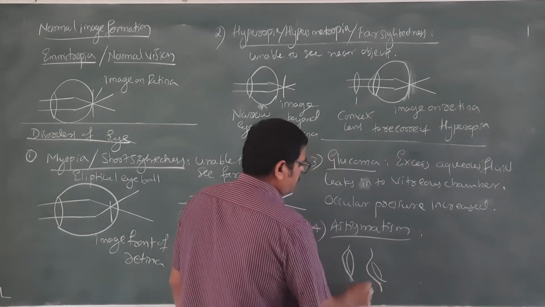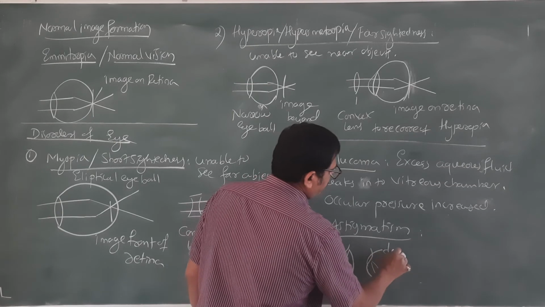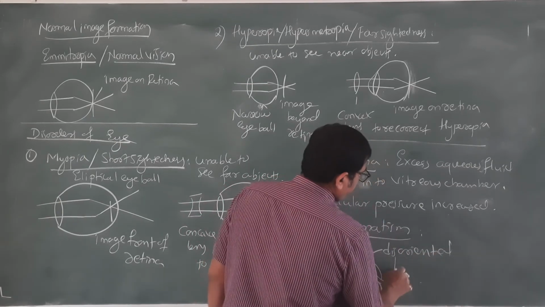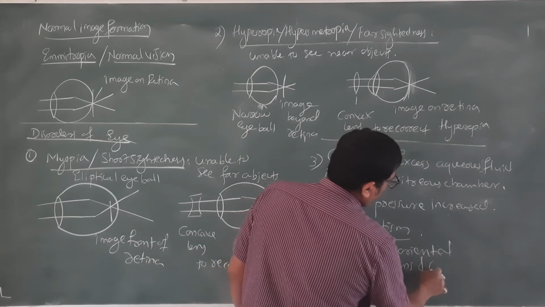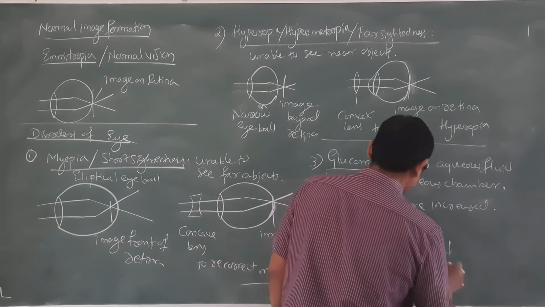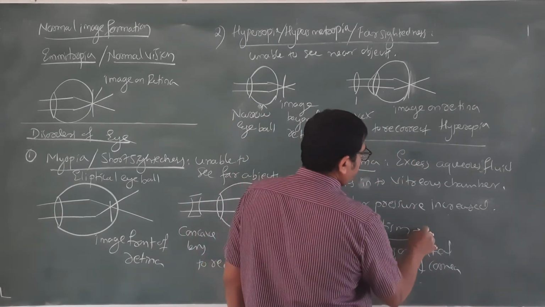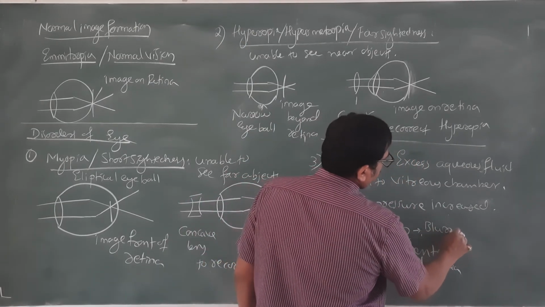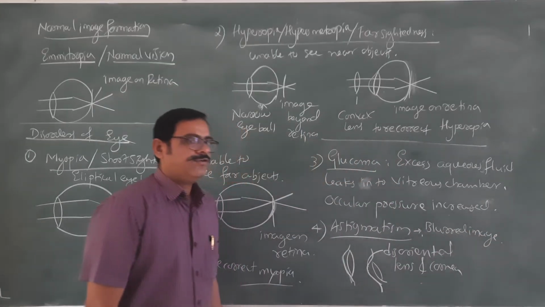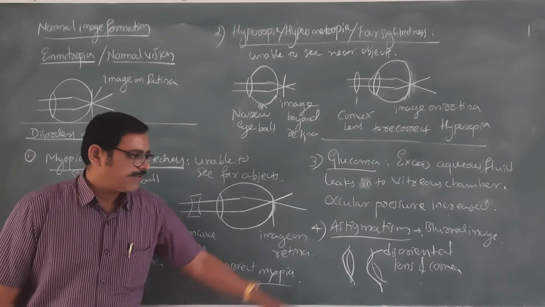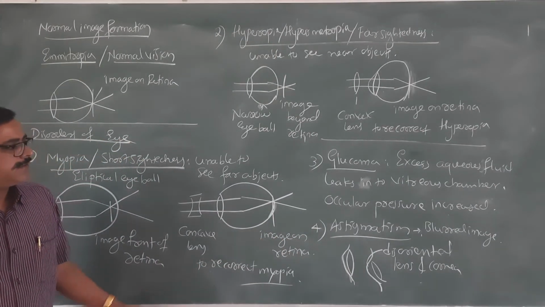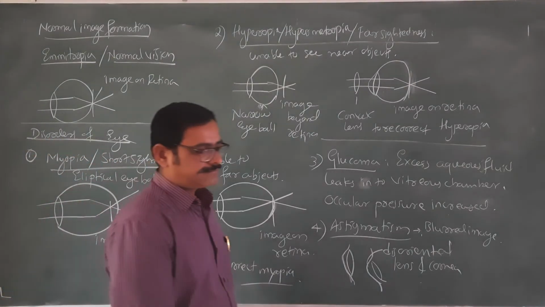This disorientation of the lens and cornea causes a blurred image. This is called astigmatism.